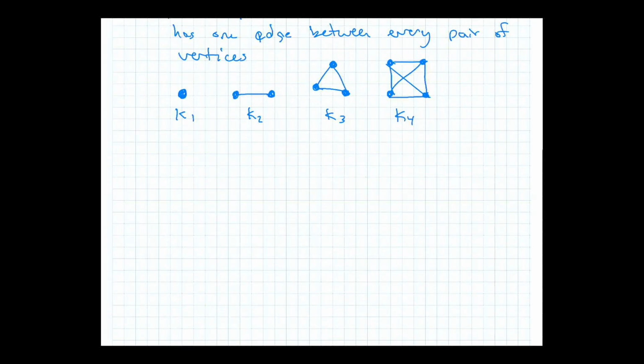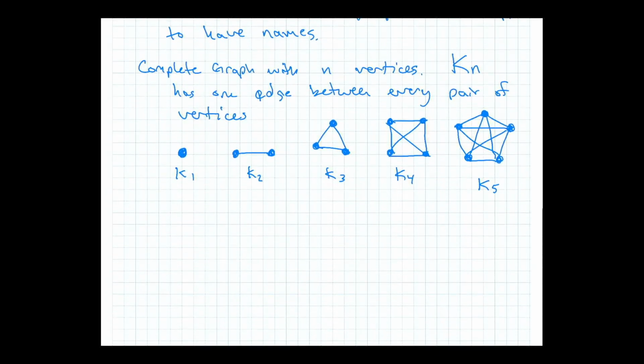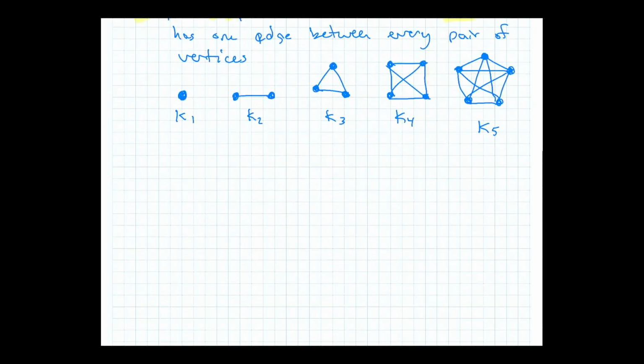Okay, draw one more, and I think you'll get the idea. So K5 has five vertices, and every vertex is connected to every other vertex. So you have to put in every single possible edge. And there you go. So that's the complete graph Kn.